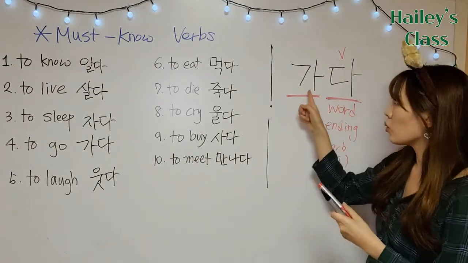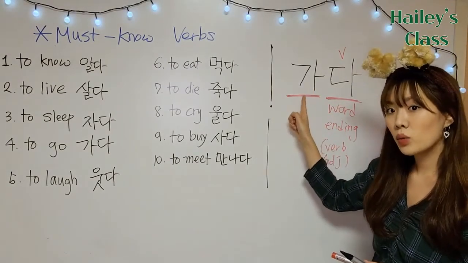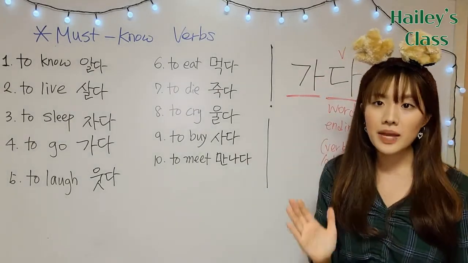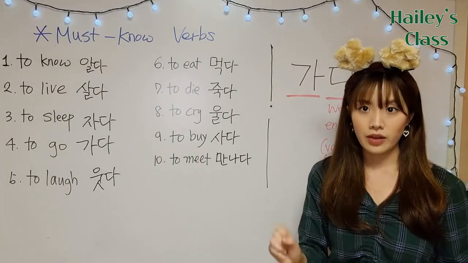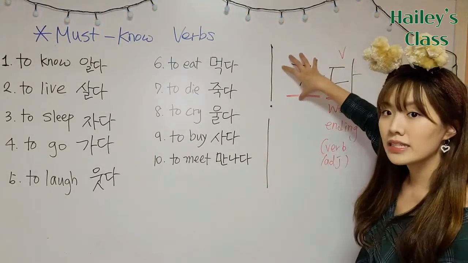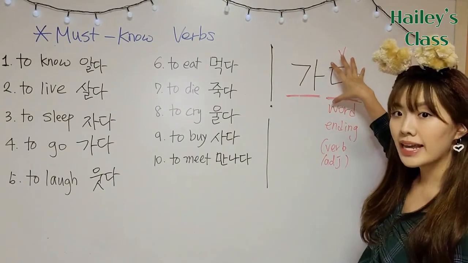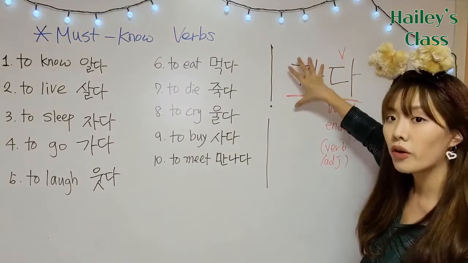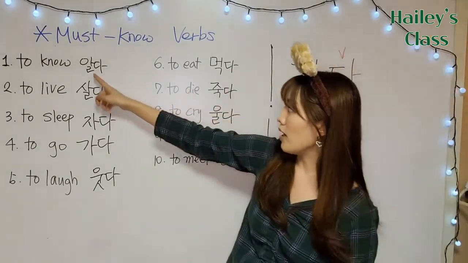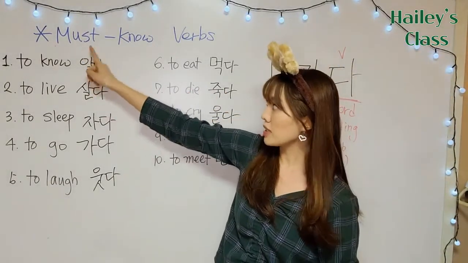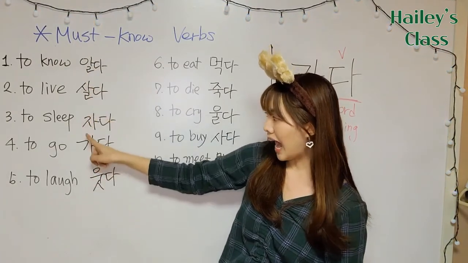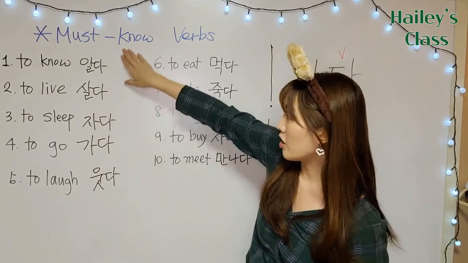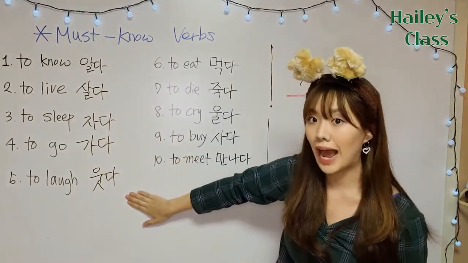But this one is different, and this defines the meaning of the verb and adjective, okay? So this part is the meaning part, and this part is the grammar part. Everything here is the same, but this part is different. For example, 알다, 살다, 자다, 가다, 웃다. The first part is different, but the ending part is all 다, right?